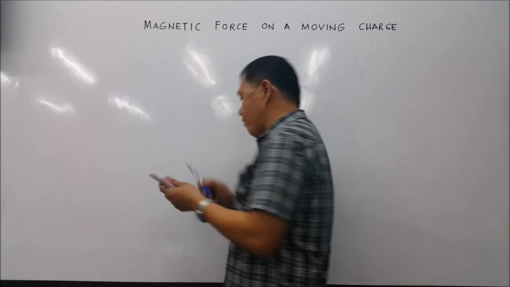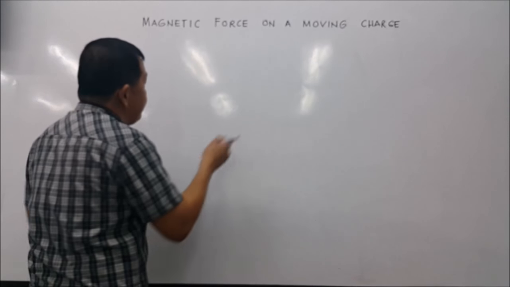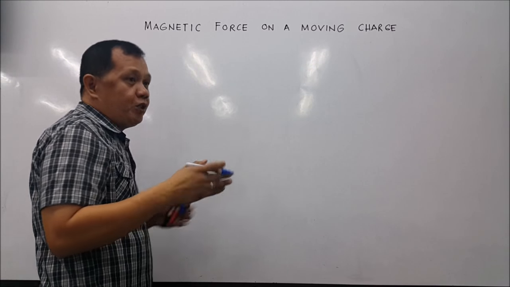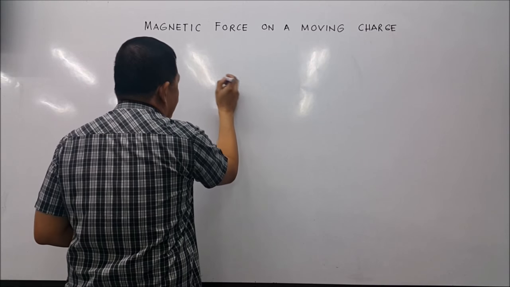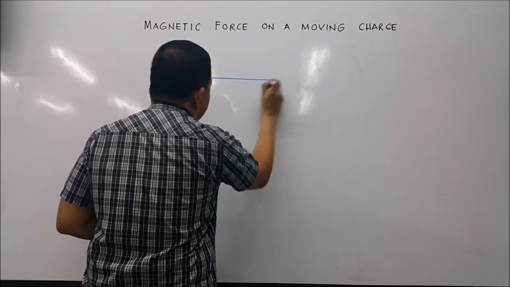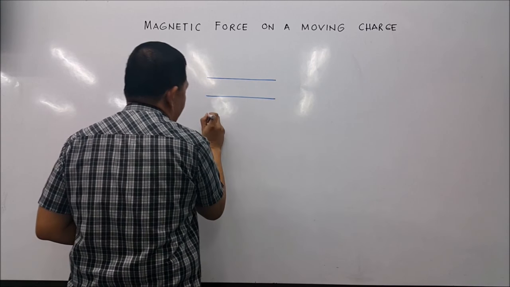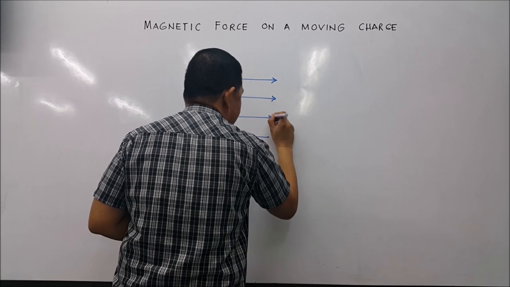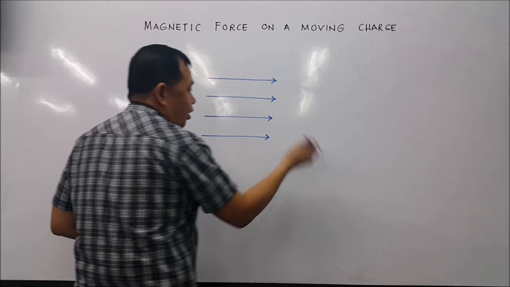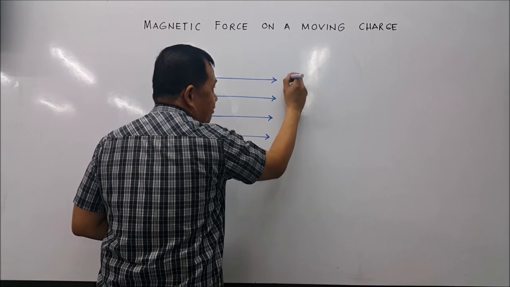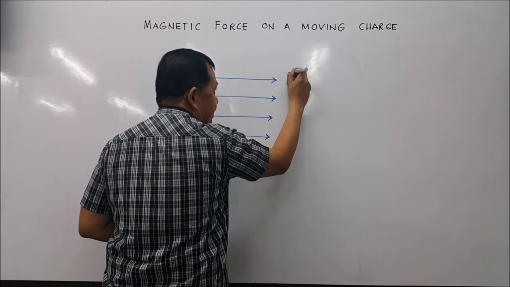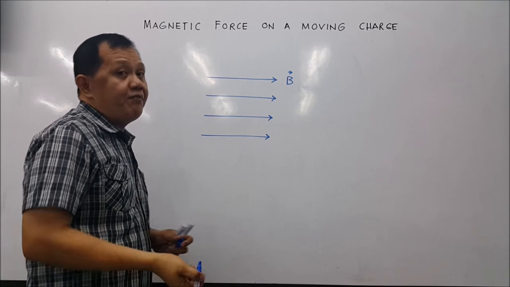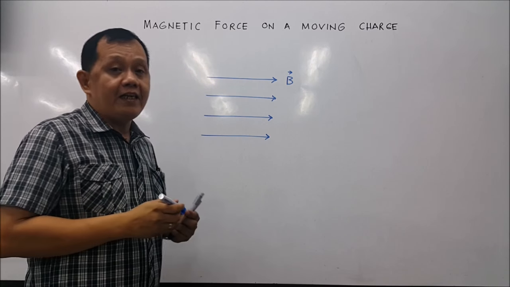So suppose we have a uniform magnetic field, maybe between the poles of strong magnets. So let us say we have a magnetic field in this direction. The symbol for magnetic field is the capital letter B, and it's a vector field, so it has a direction.